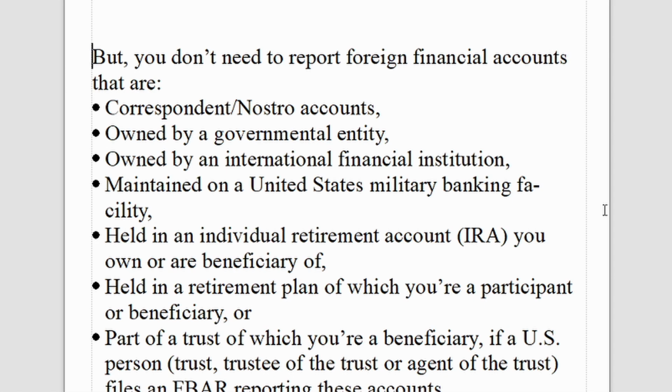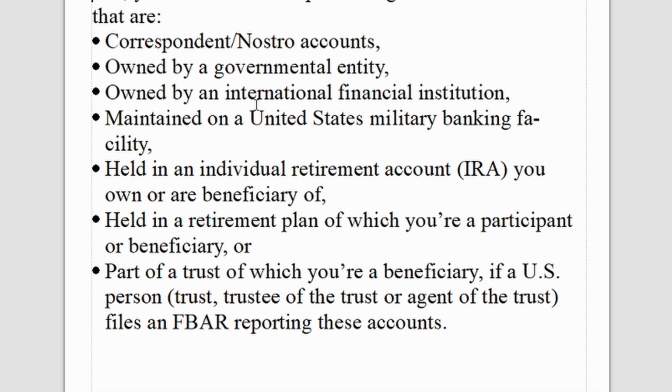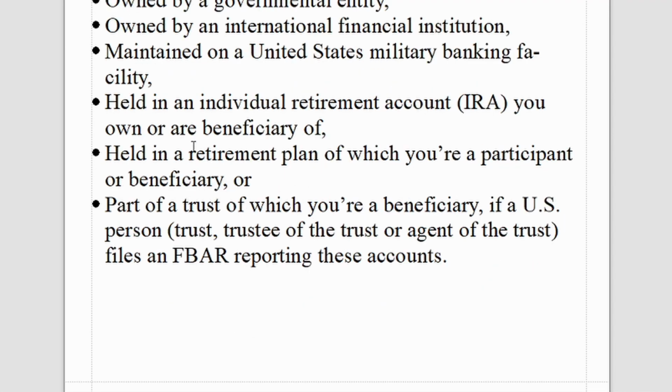But you do not have to file an FBAR for these type of foreign financial accounts, and those include correspondent accounts, accounts owned by a government entity, owned by an international financial institution, maintained on a United States military banking facility, held in an individual retirement account you own or are beneficiary of, and held in a retirement plan of which you're a participant or beneficiary, or part of a trust of which you're a beneficiary if a U.S. person.